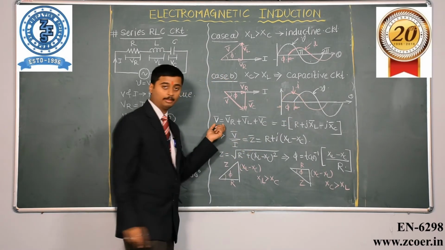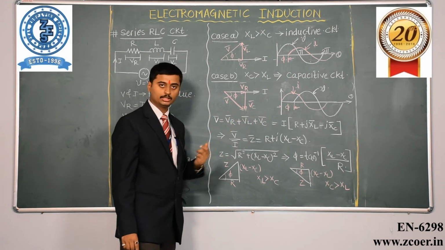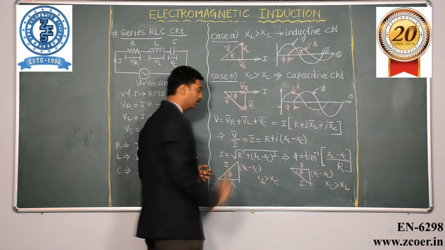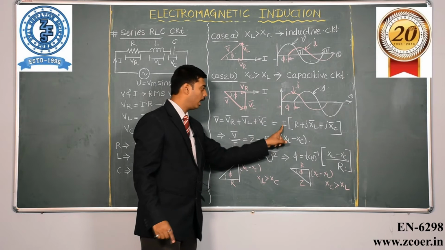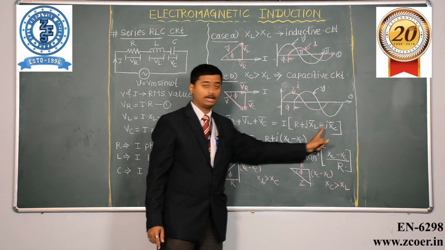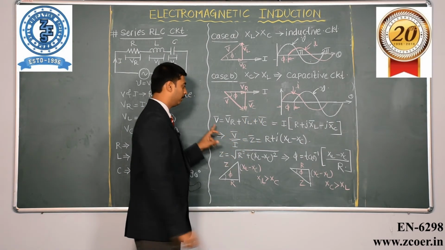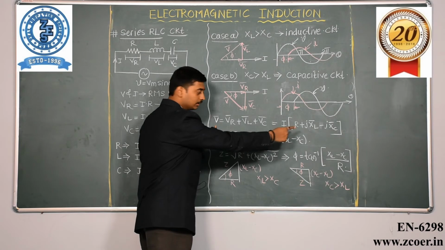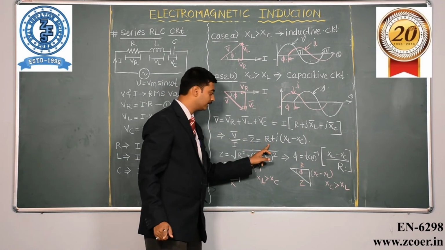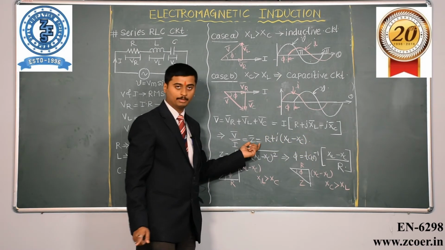Now what would be the total impedance? V equals VR plus VL plus VC. In terms of current, VR equals I into R, VL equals I into jXL, and VC equals I into minus jXC. Taking I common and shifting it to the left-hand side, V bar upon I bar equals R plus j(XL minus XC), which is the impedance.